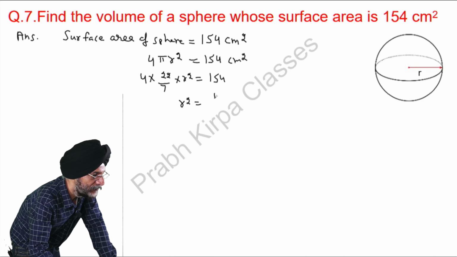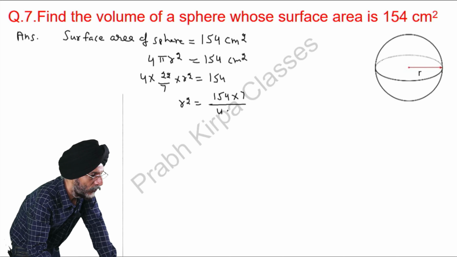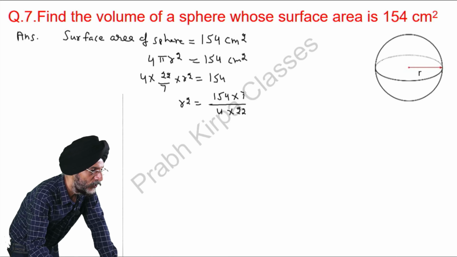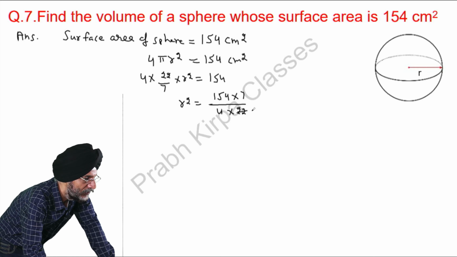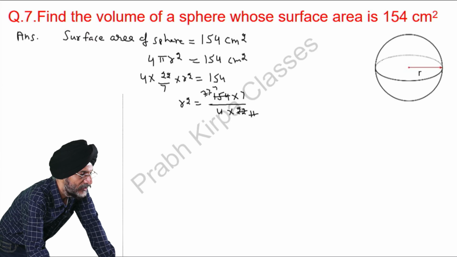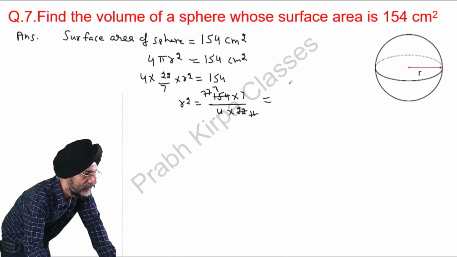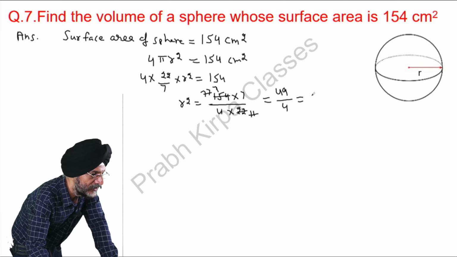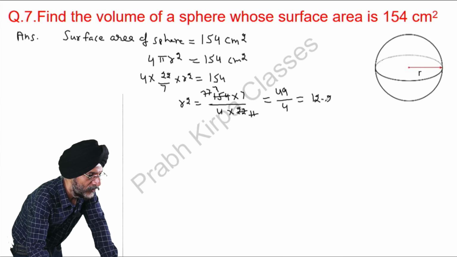It will come as 154 into 7 over 4 into 22. Now here we will cut: 7 and 11 will be used to cut 77. It will come as 7. Now what is balance is 7 into 7, 49 over 4, and it will come as 12.25.